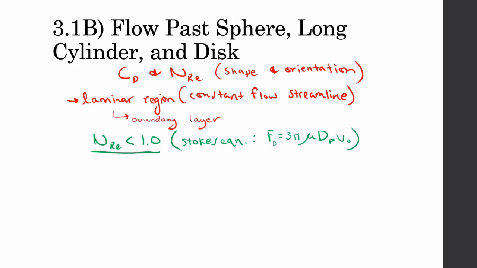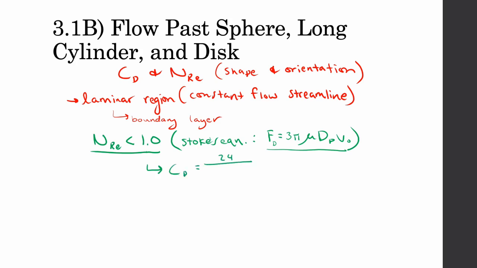If we equate this force with the force from the drag coefficient equation, we would end up with something like this. And then we solve that for a drag coefficient.